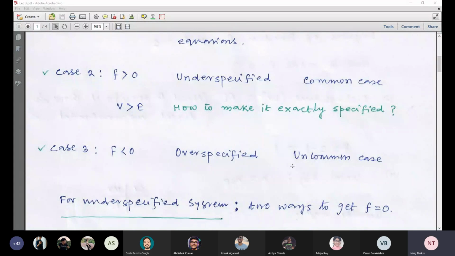These types of systems are called overspecified systems. It is quite uncommon. Okay. This is quite uncommon.